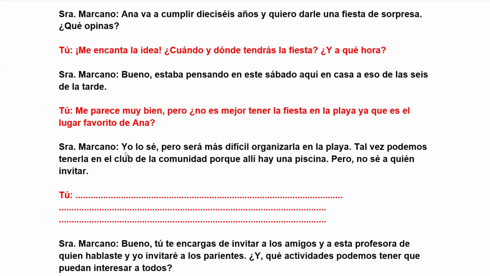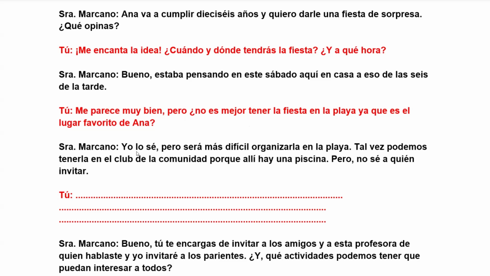Because here, Senora Marcano says, I know, but it'll be harder to organize it at the beach, which means that we would need to mention that in our response. So this response was not random. It was based on the response that we saw below here. This is why it's important to read above and below.